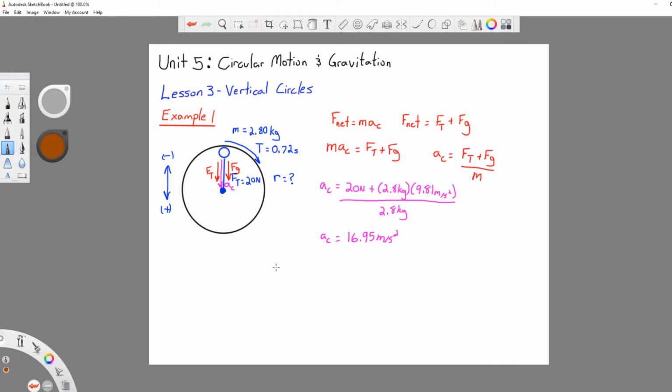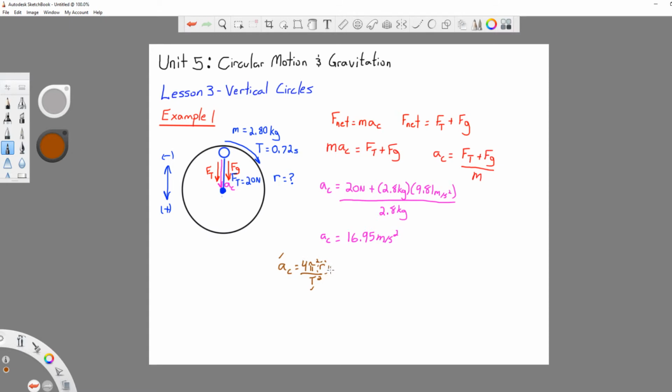All right, so the AC formula that we're looking for here, AC is equal to 4 pi squared r over t squared. We're looking for the length of this rod, which is the radius. Here is the radius for us to solve. Okay, we have t. We have AC now because we just solved it.